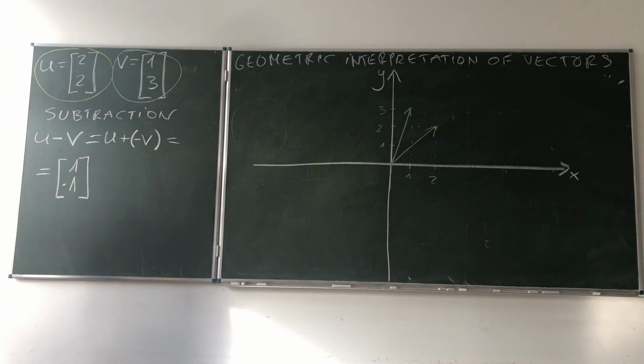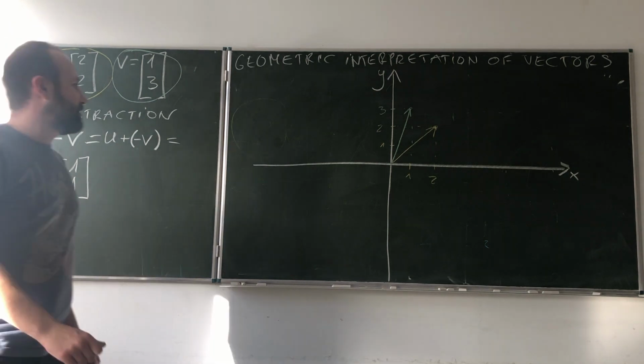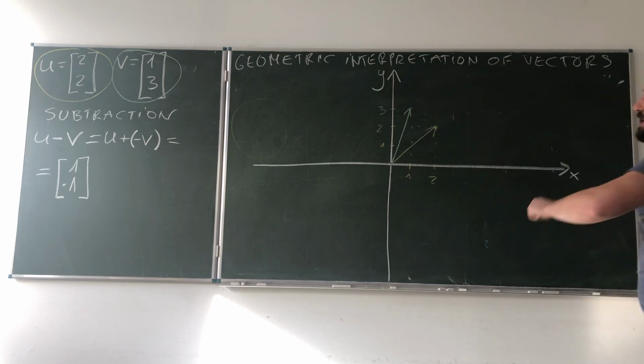Okay, so we see that in our procedure, the first thing we should do is to create vector negative v out of vector v.